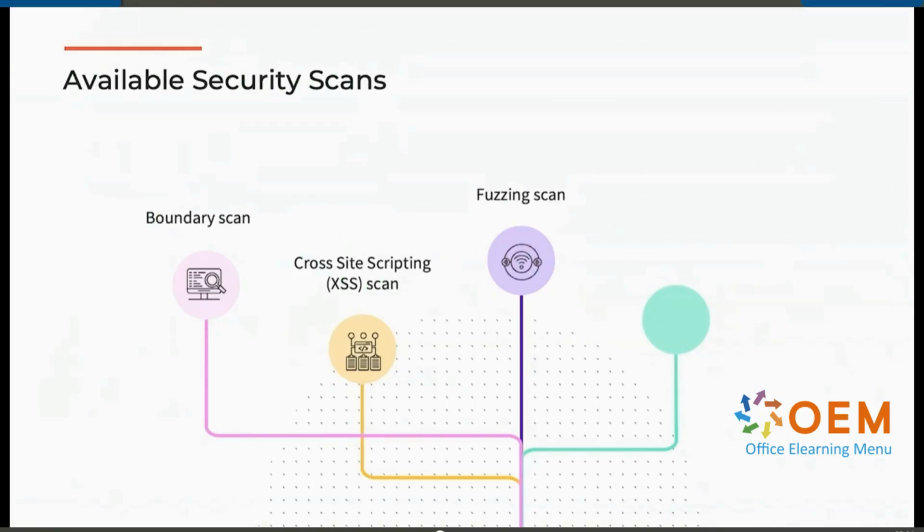It's a great way to find unhandled exceptions or stability issues related to bad input. The HTTP method fuzzing scan tries using uncommon or unsupported HTTP methods like put, delete, or even made up ones. It's designed to check whether your API mistakenly processes requests that it actually shouldn't allow.